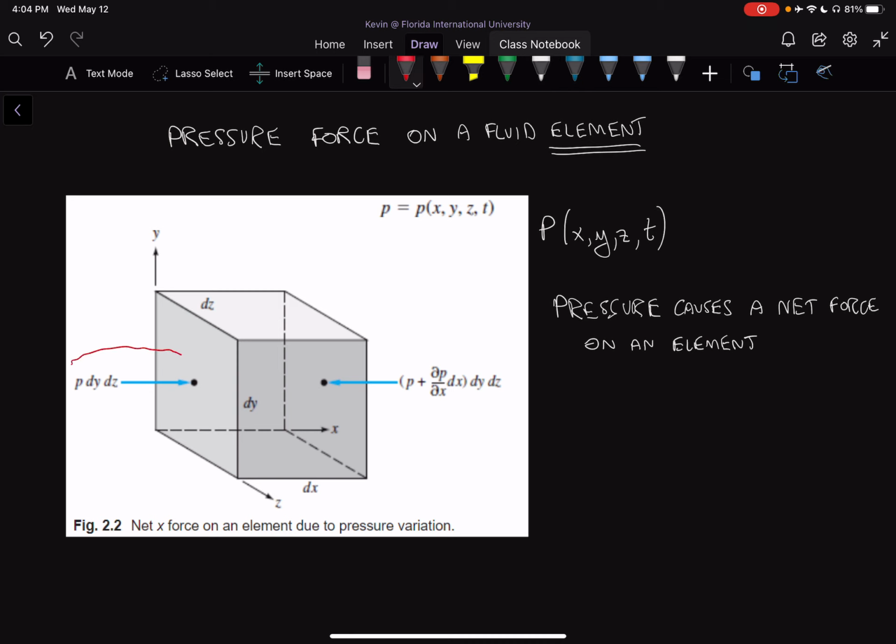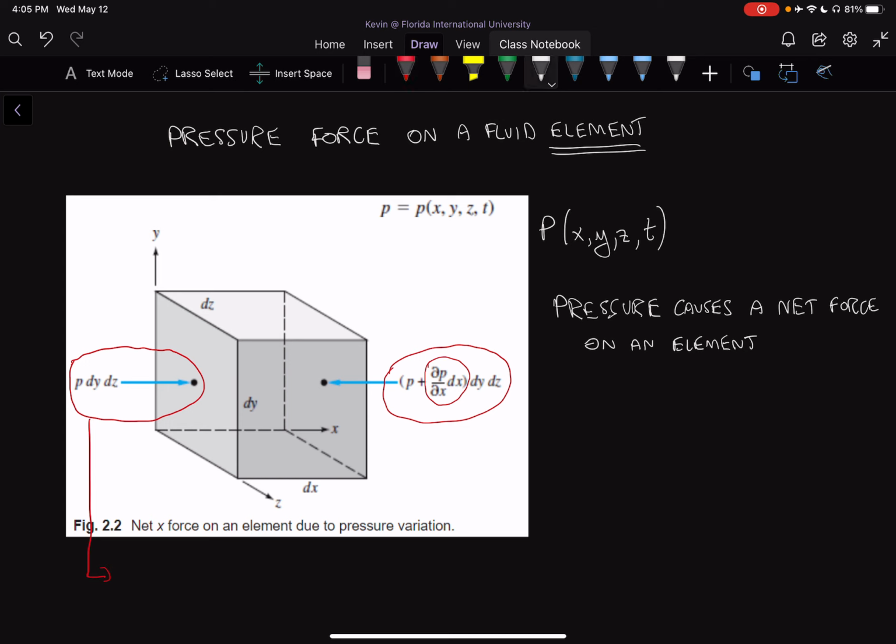We have the left side with a certain pressure, P. And on the other side of our fluid, we have another pressure, which is P plus dP/dx times dx. We're going to look into what that actually means.